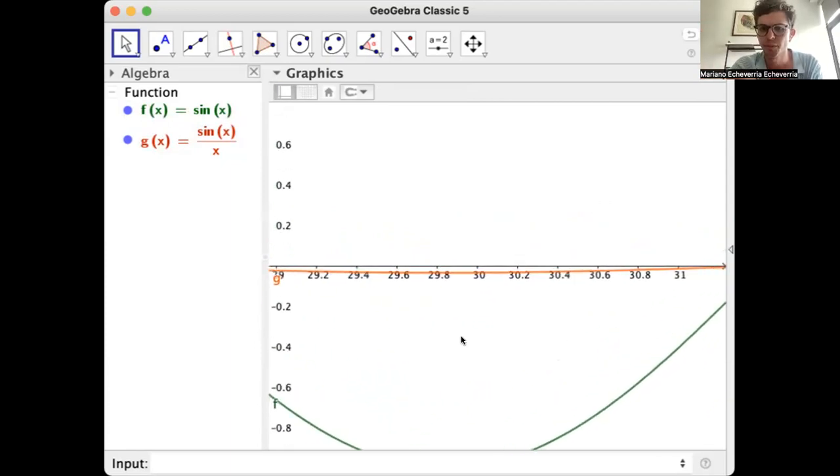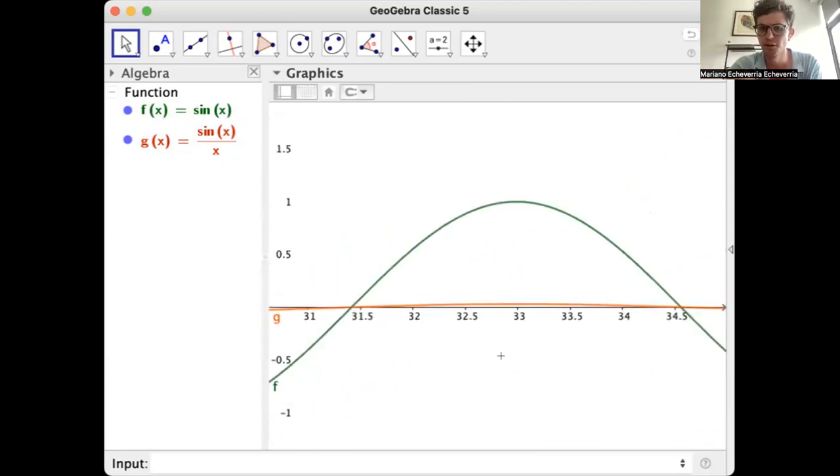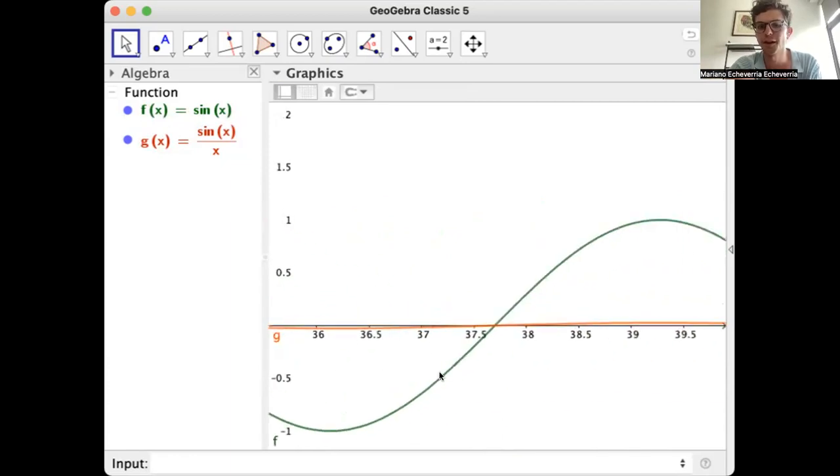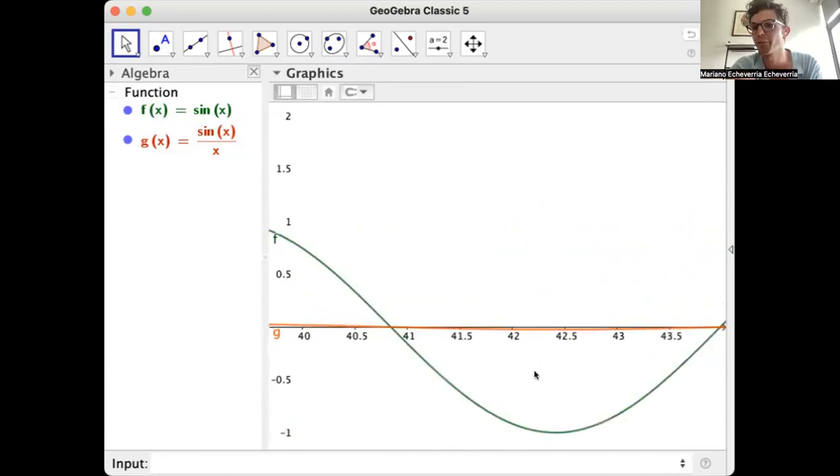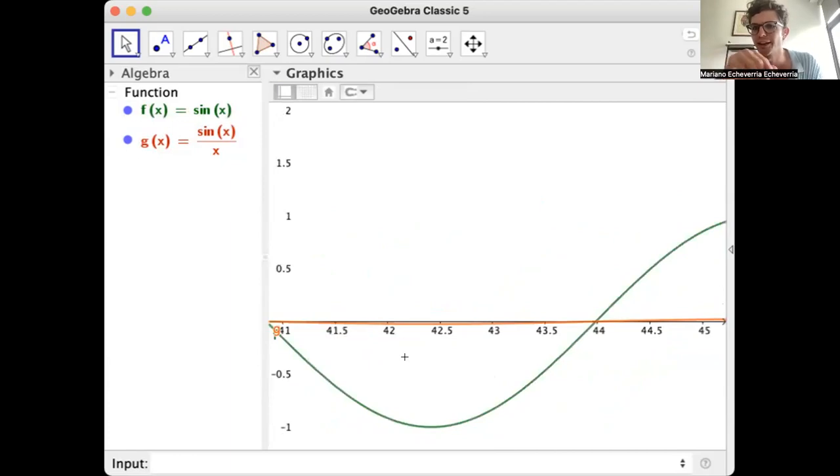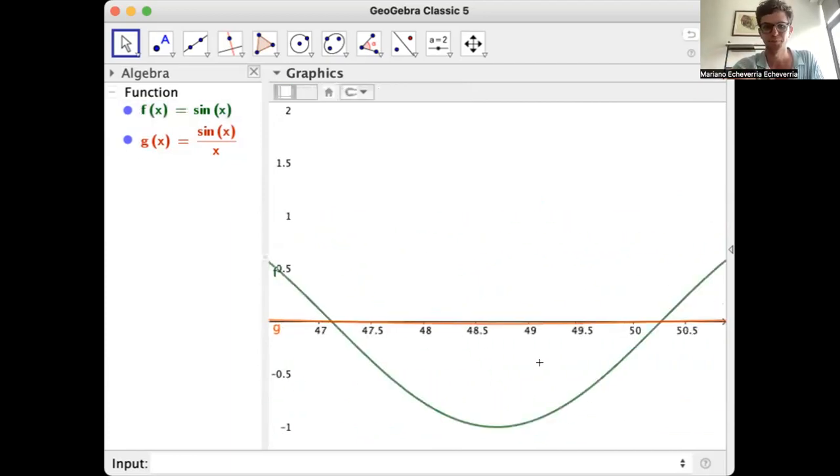Is that making sense? If you were trying to surf on this wave, it's a very boring wave, because it continues to get flatter and flatter, right?